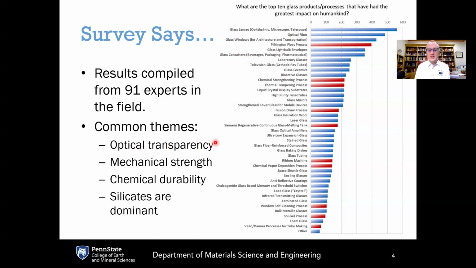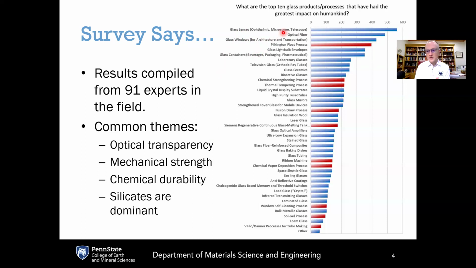Optical transparency is often a desirable or even required property of glasses for many of these applications. Obviously, it's required for glass lenses and glass windows and glass light bulb envelopes, and it's usually a beneficial property for glass containers. When it comes to optical fiber, the optical transparency is the number one single most important property of the optical fiber.